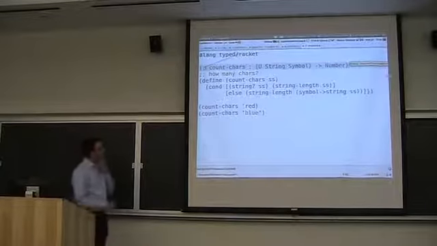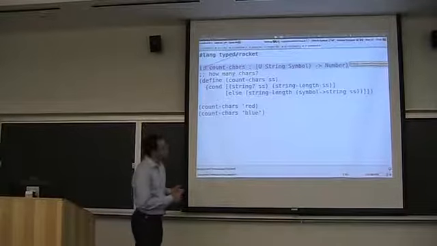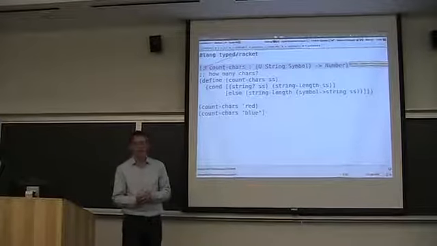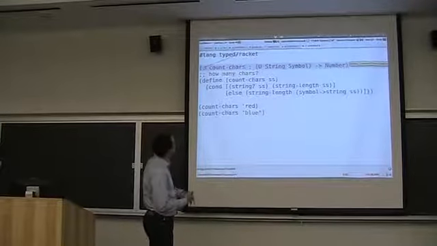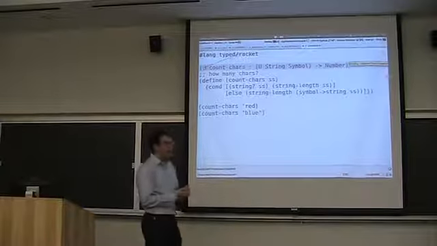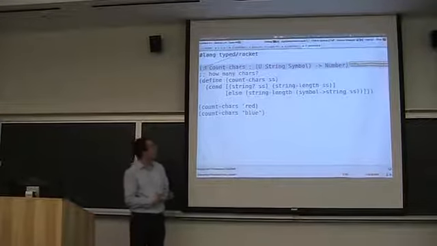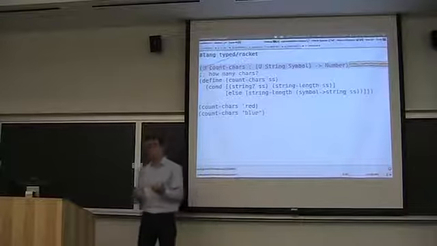And remarkably, that's all we have to do. Typed Racket, surprisingly enough, knew exactly what it needed to do to handle this function exactly the way we would have written it in Racket.